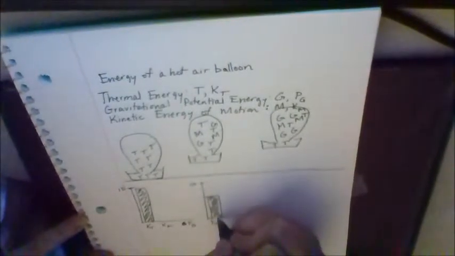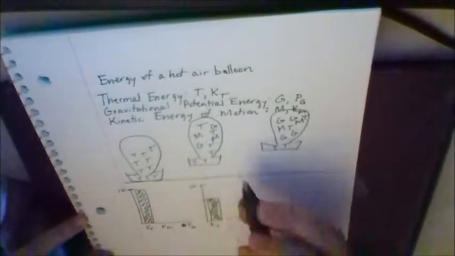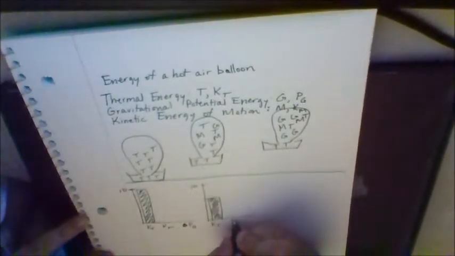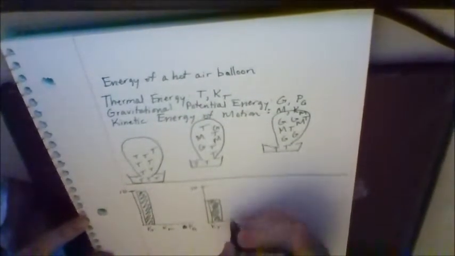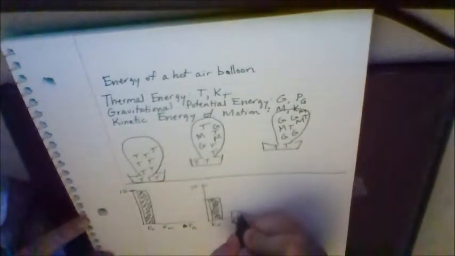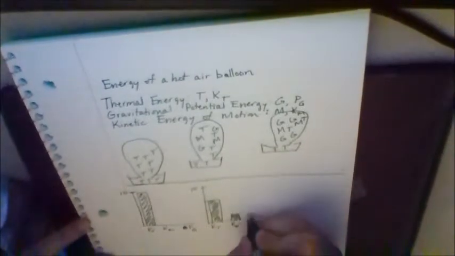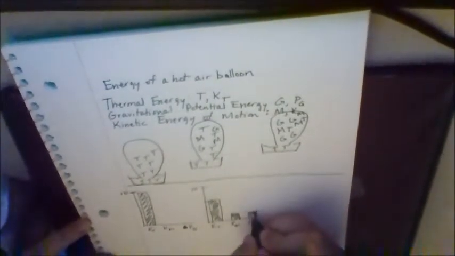So we actually end up having 6 thermal energy units. Then we have 2 of our motion energy units, 2. And then for our potential units, we also have 2. Okay?